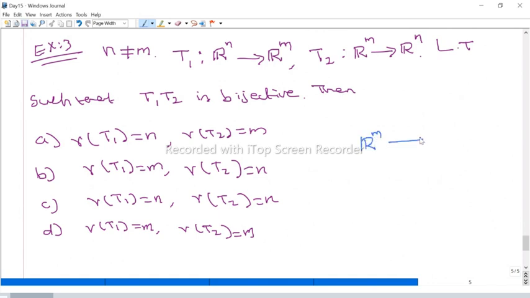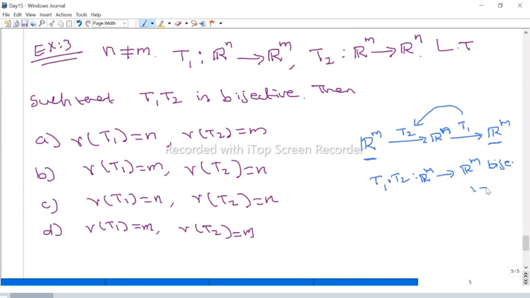From Rm to Rn the function is T2, and from Rn to Rm the function is T1. Now the composition T1 composition T2 is a function from Rm to Rm, and it is given that it is bijective.